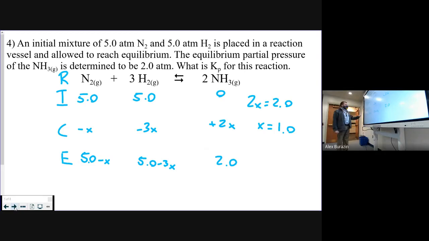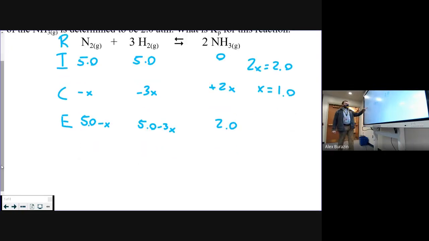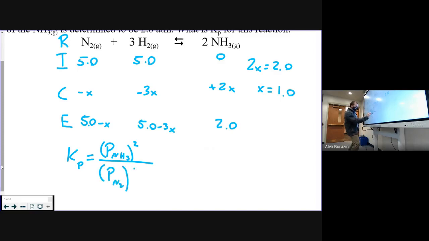So, what's Kp? Well, Kp would be 5 minus 1 is 4 for that, right? Let me just set up K. Kp equals the partial pressure of NH3 squared divided by the partial pressure of N2 multiplied by the partial pressure of H2 cubed.